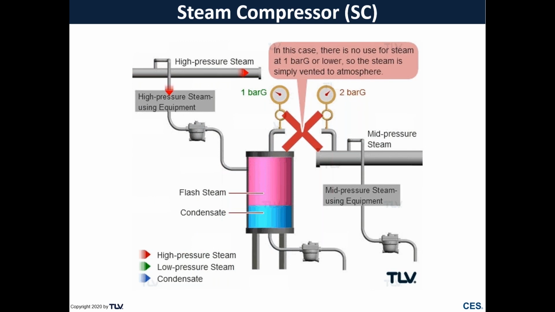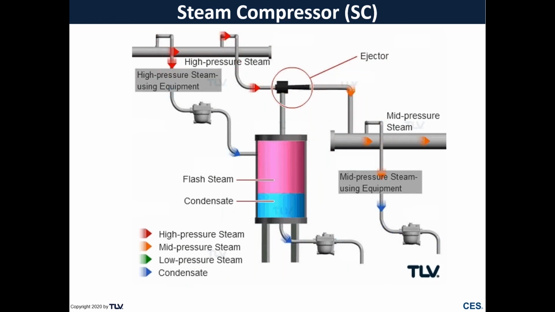So, to walk through an example of how this would be applied in a real world situation. If you see on the right there, we have some medium pressure steam using equipment. Our medium pressure steam header is at 2 bar, so it requires 2 bar to effectively supply our medium pressure steam equipment. And then we have our flash tank there that is only at 1 bar. So we don't have enough pressure to effectively send that flash steam to our medium pressure steam header. Currently it would be vented to atmosphere because we have no real use for it.